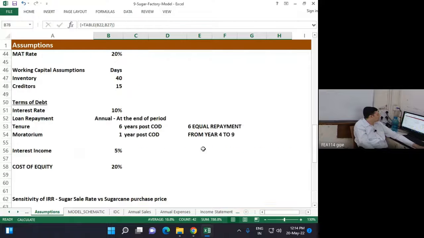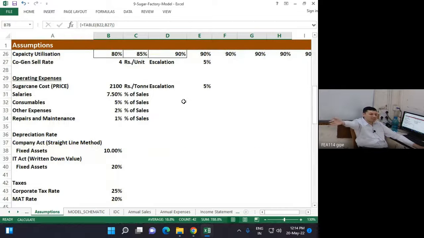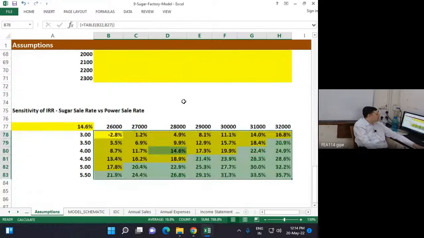In scenario analysis, you just make changes in the assumption side and note down the result. Sensitivity generally has 2 parameters. You can have more also, but then you will need little more complex modeling. And sugarcane cost, let's say.